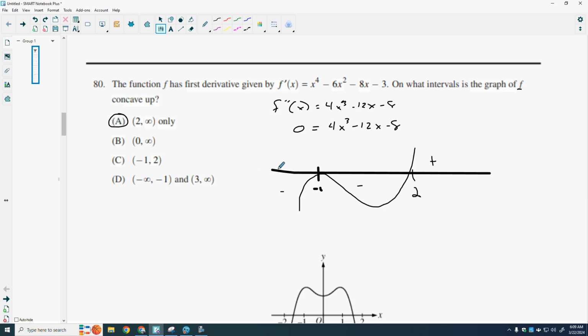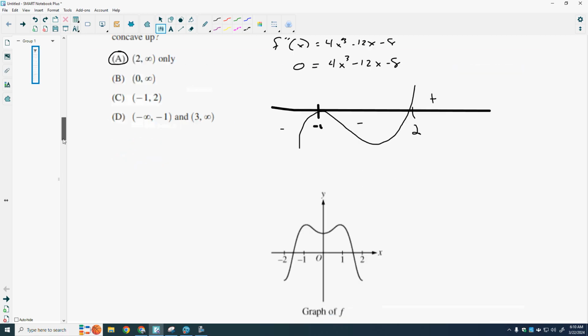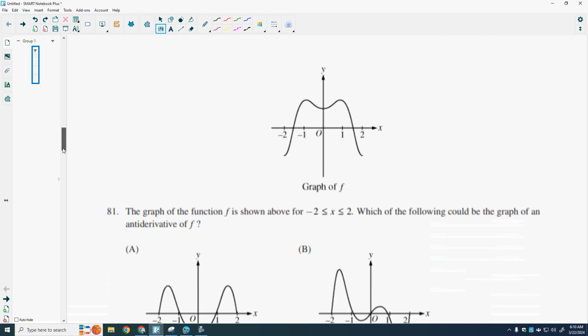And so I'd have to check to the left and right of each of those zeros, and I'd solve it that way. And that totally works. So if you're not a fan of graphing, you could do it algebraically and solve it, and then just organize your data somehow and check your results. So check left and right to find out where it's positive. Okay, that's kind of a long explanation for that question, but I think it was valuable.